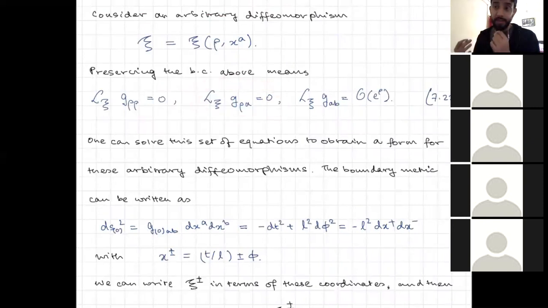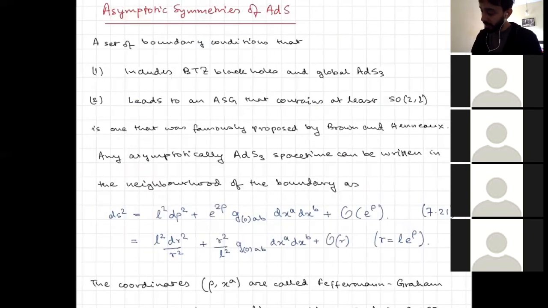And we have fixed the g_AB term to be flat. That would mean that this has to stay put once we look at particular diffeomorphisms trying to change the boundary metric.